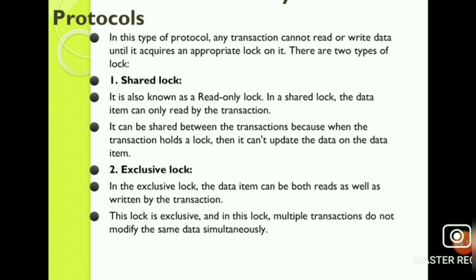Shared lock is called a read-only lock. In a shared lock, the data item can only be read by the transaction. The transaction cannot perform any write operations. In an exclusive lock, the data item can be both read as well as written by the transaction. This is an exclusive one, so multiple transactions cannot acquire this lock at the same time.